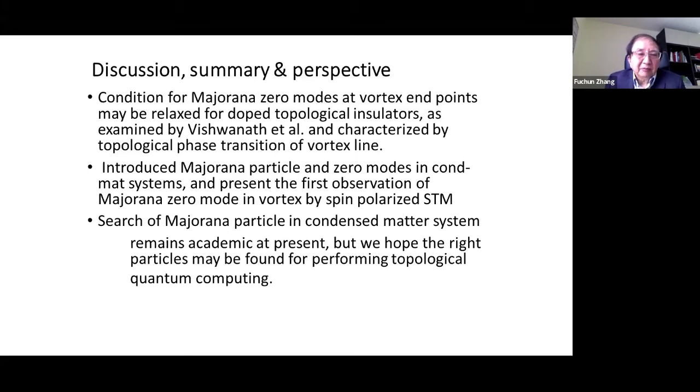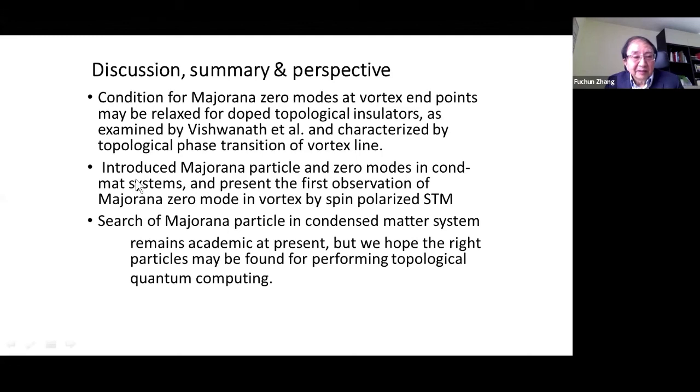That was examined by Vishwanath and his group, and it should be characterized by a topological phase transition of the vortex line. And we did some follow-up work to study this vortex line phase transition for Dirac metal superconductors.